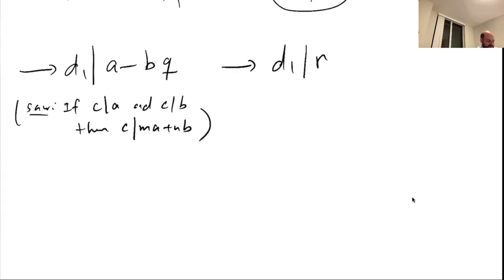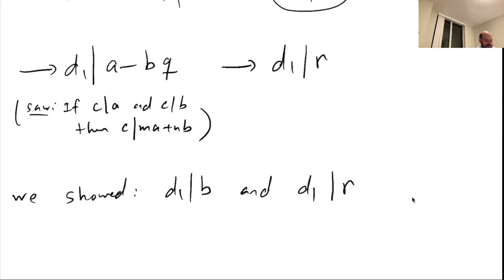So here we showed D1 divides B and D1 divides R. What does this mean? If D1 divides two numbers, then D1 divides the GCD of those two numbers.